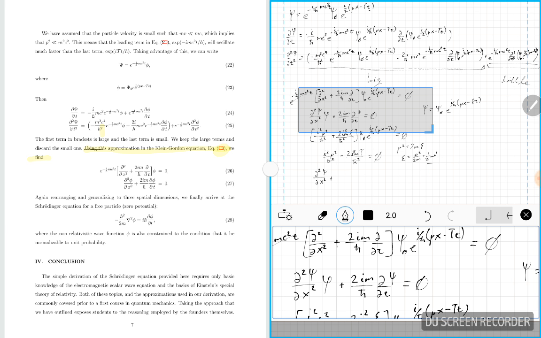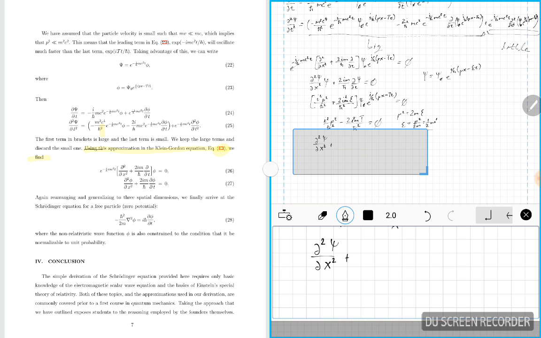So I'm going to go back up a line, up to there. 2im h bar d psi dt, and that equals 0.